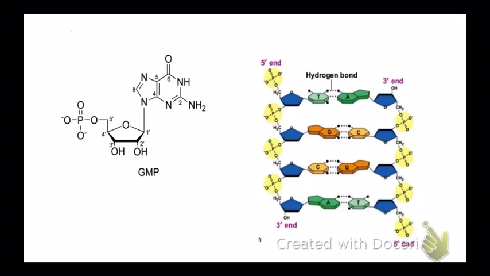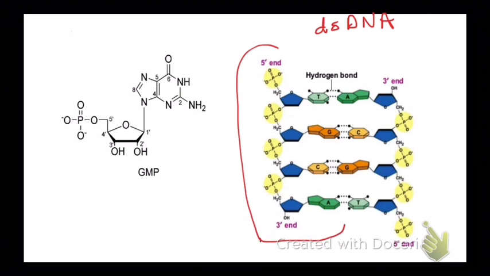Now let's look at that in a DNA molecule. So this is double-stranded DNA, and that's because we've got a strand here. The strand refers to the fact that we've got a covalent backbone.